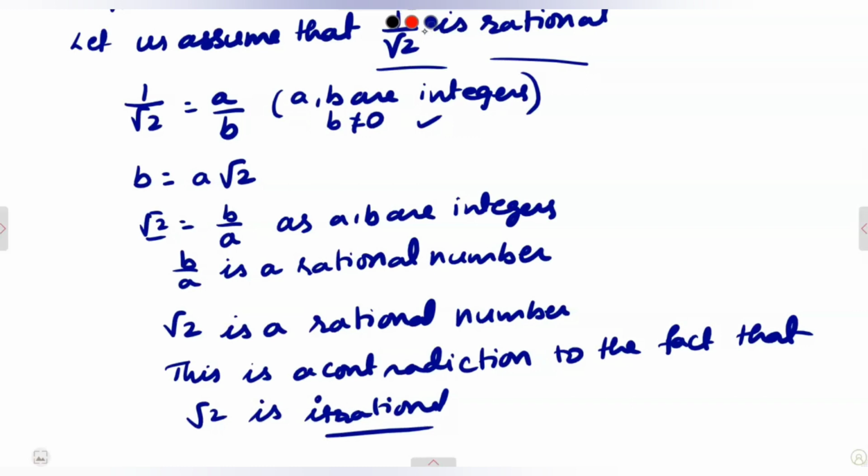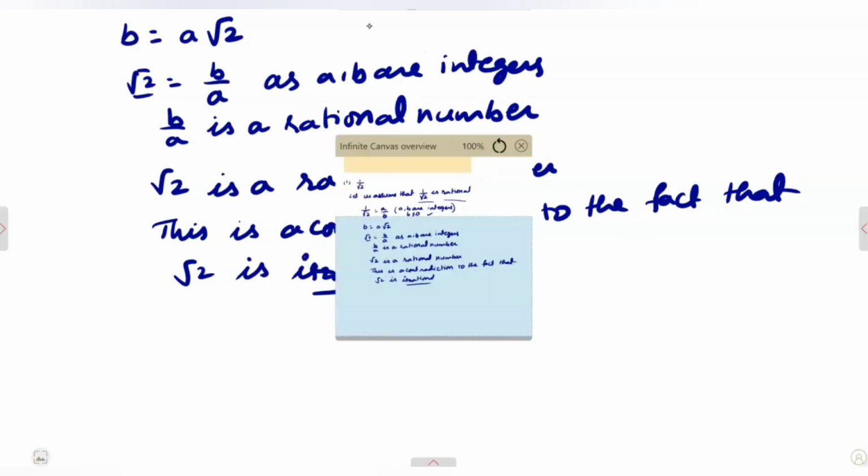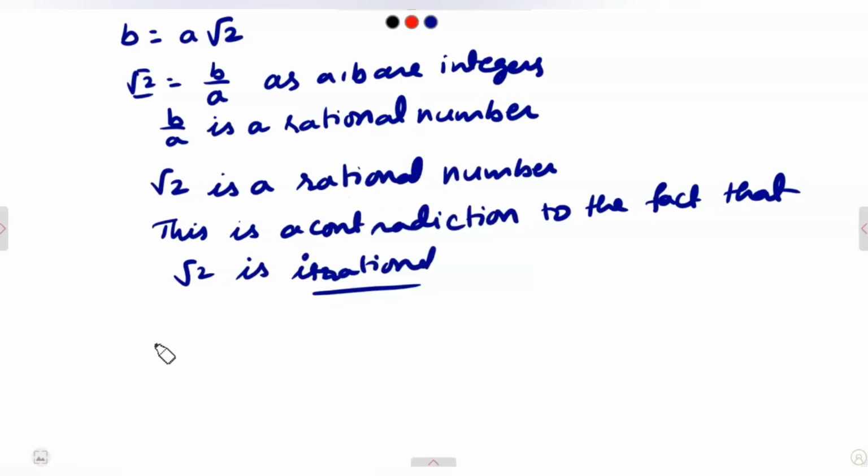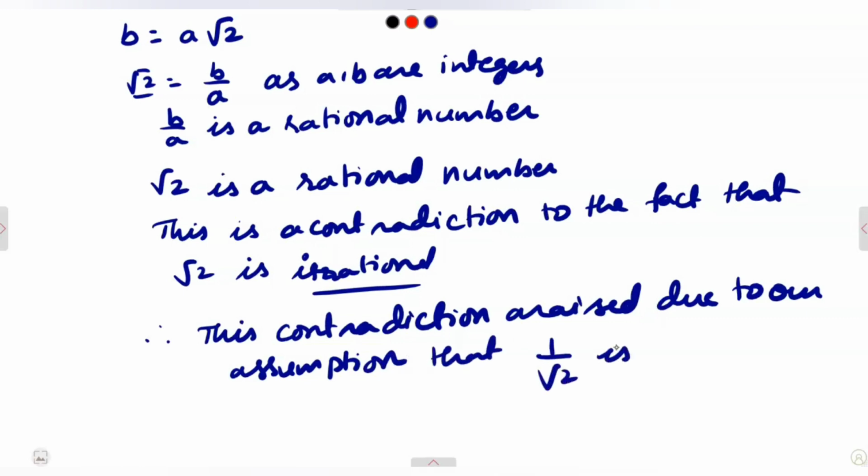Therefore, this contradiction arises due to our assumption that 1 by root 2 is rational.